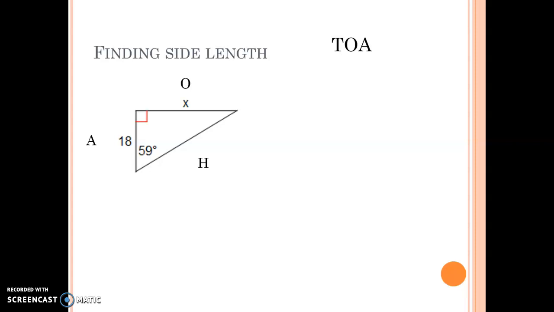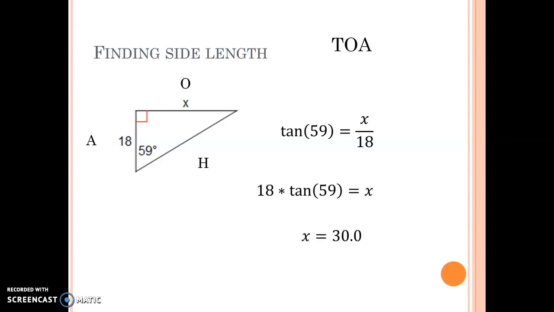So tangent of our angle 59 equals opposite, which is x, divided by the adjacent, which is 18. Same thing here, it says x divided by 18. To solve for x, we're going to multiply by 18. And we're going to type it in our calculators in degree mode. 18 times tangent of 59 is 30.0.